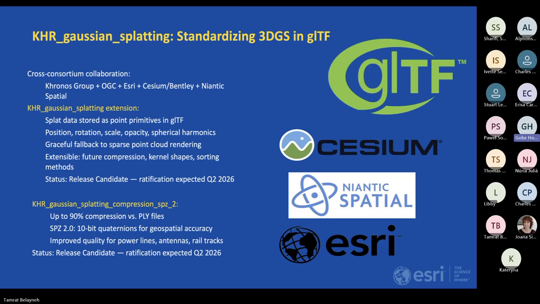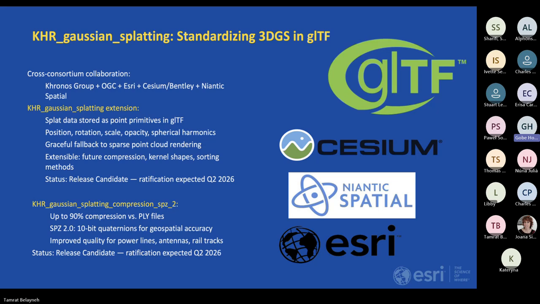So to talk a little bit about the Gaussian splat, the KHR Gaussian splatting standard that we work with, again, Cesium, Khronos, Niantic, and ourselves and others really had two components. Again, it's a cross-consortium collaboration. The Khronos Group, OGC, and all these individual organizations also worked on that.